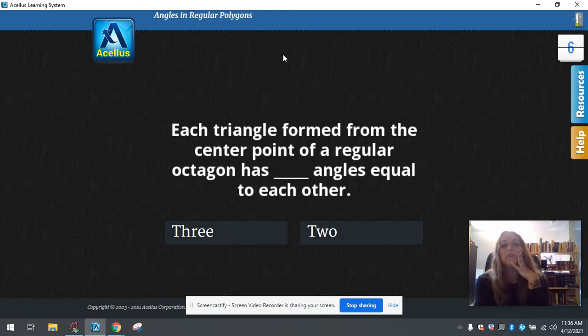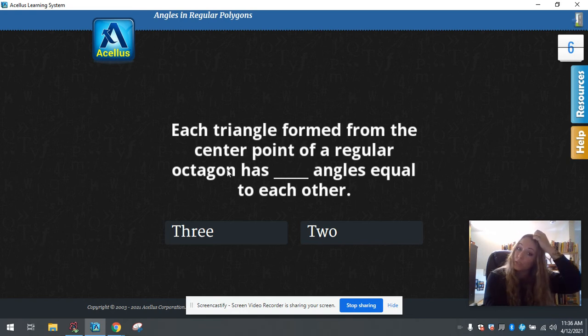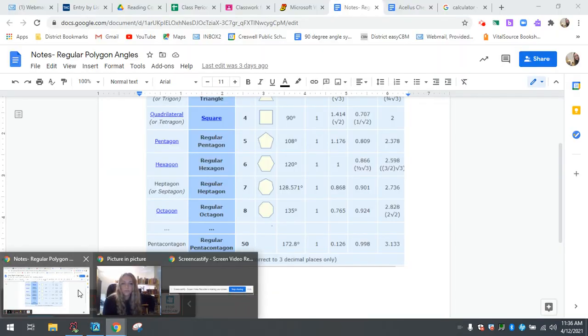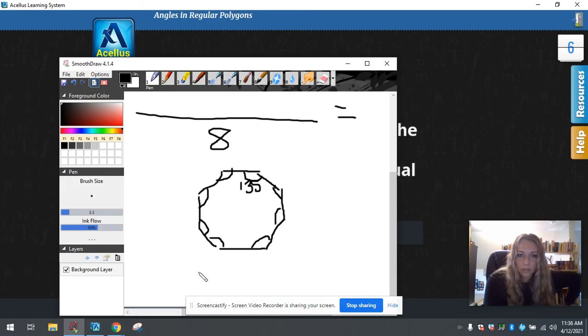Each triangle formed from the center point of a regular octagon has blank angles equal to each other. So let's look at our thing.